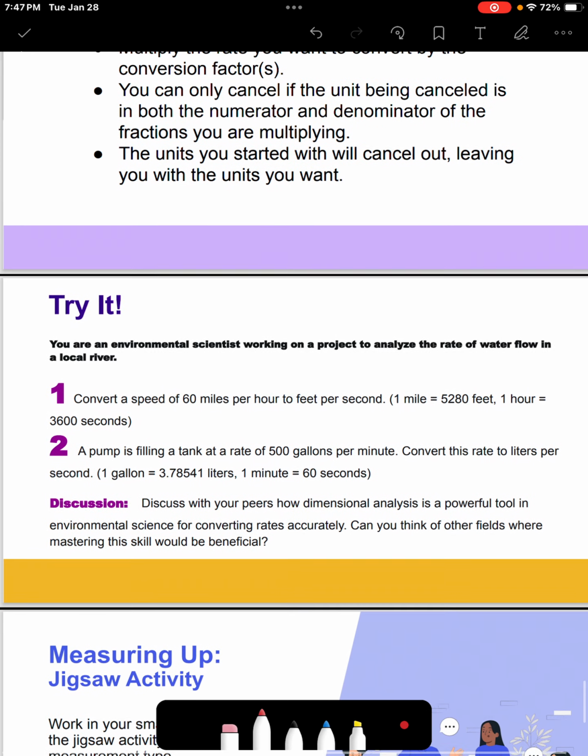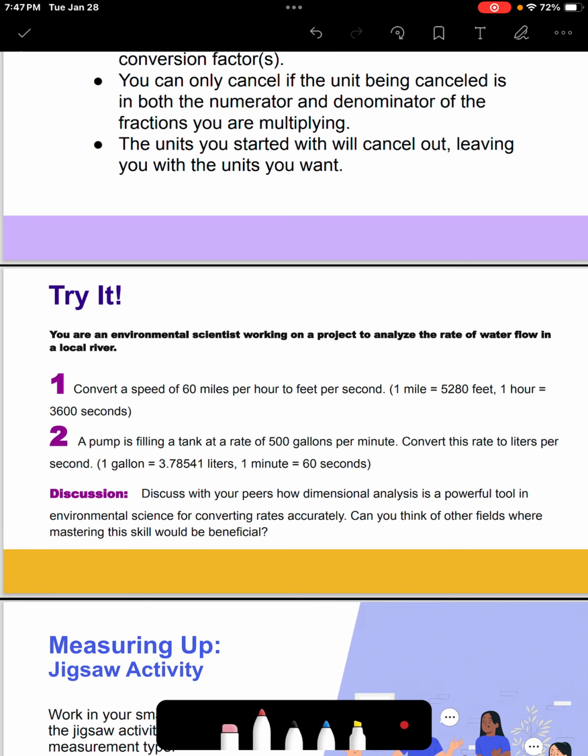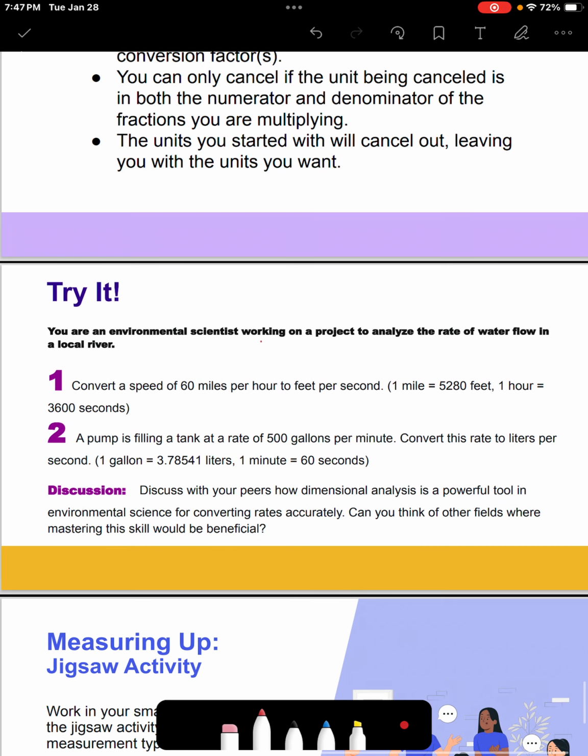Okay, so let's convert 60 miles per hour to feet per second. So 60 miles over 1 hour. Let's convert that to feet per second. We need to convert miles to feet. There are 5,280 feet in 1 mile. Notice our miles are on the bottom, so they cancel out.